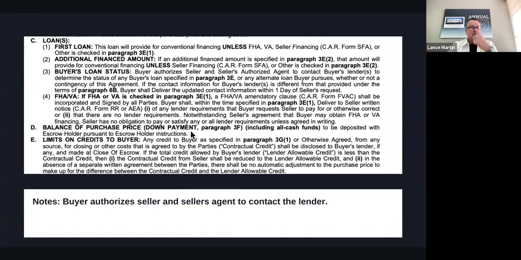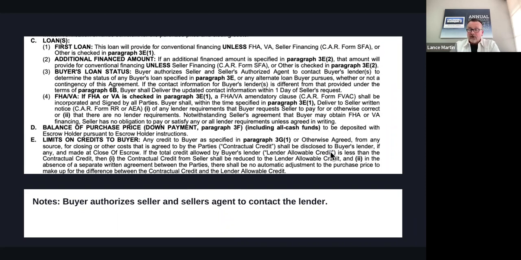It's a big amount, right? Well, if you ask for 5% or 10,000 or 30,000 or whatever you asked for, and that is a larger amount than the lender allowable credit, then guess what? The lender's not going to allow it.